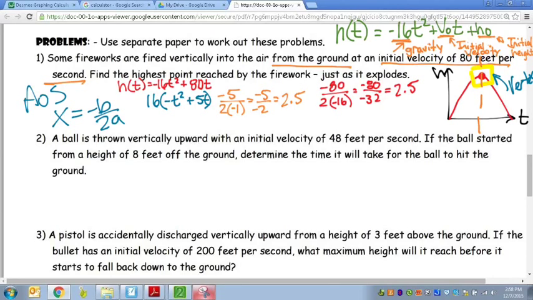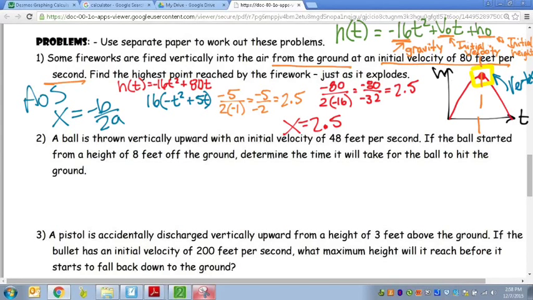X is 2.5. But remember, in this equation, x is time, correct? X is the time axis. And we wanted to know the highest point, meaning we need the height. So how do you think I can find the height given the time? Well, can't I plug in that time to find out how high the object is? Yes, I can.